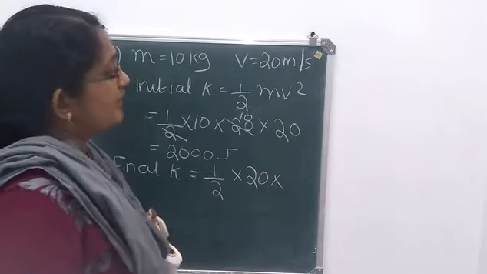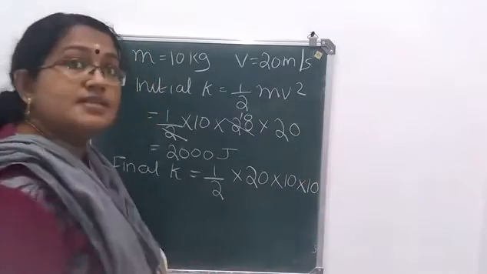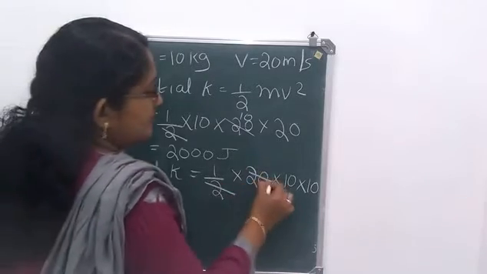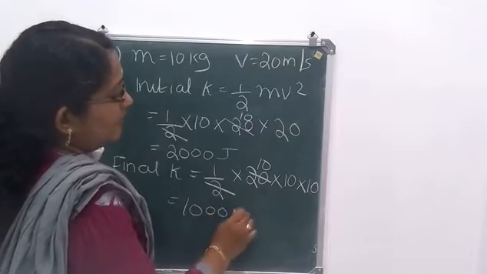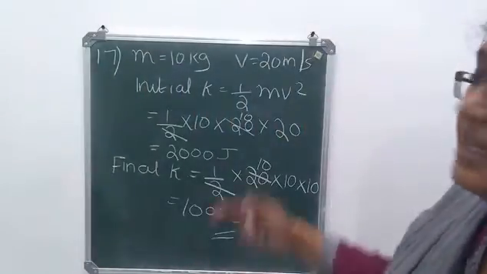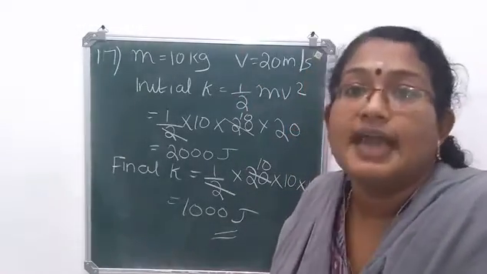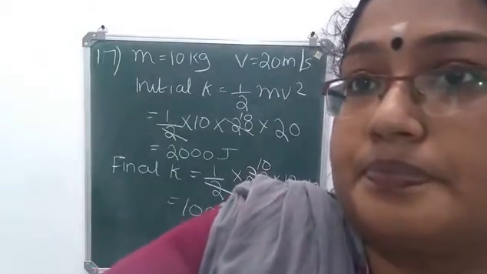So in the beginning velocity was 20. Now it becomes 10. Halved means it is 10. So 10 into 10. Now this and this cancel. Here it is 10 and our answer will be 1000 joule. So initial kinetic energy means with the initial values. Then after giving the changed values, you can calculate the final kinetic energy.